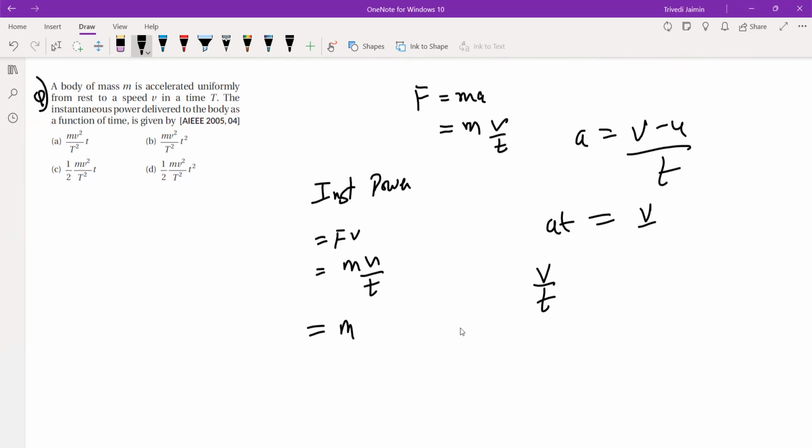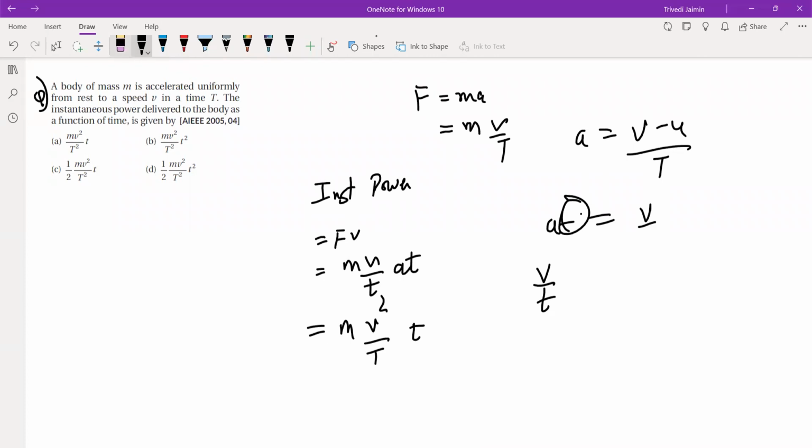Time t, capital T, m v square by t square into t. So m v t square.